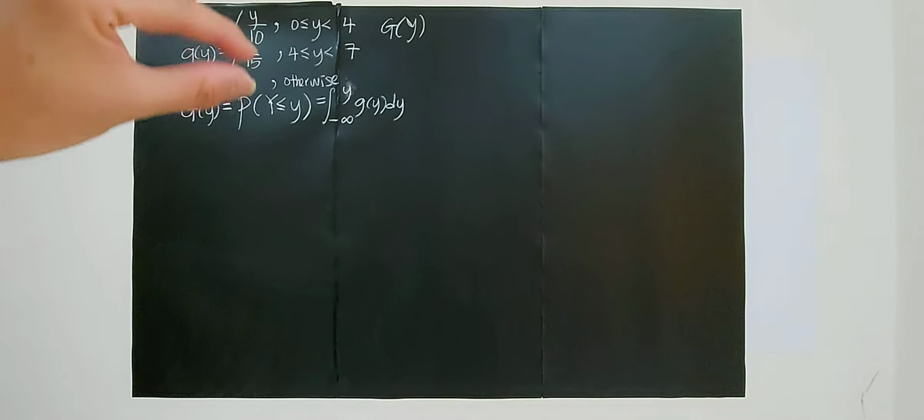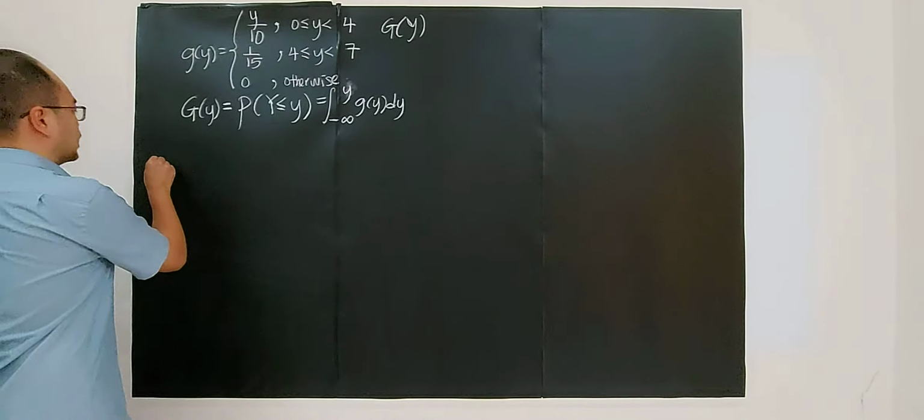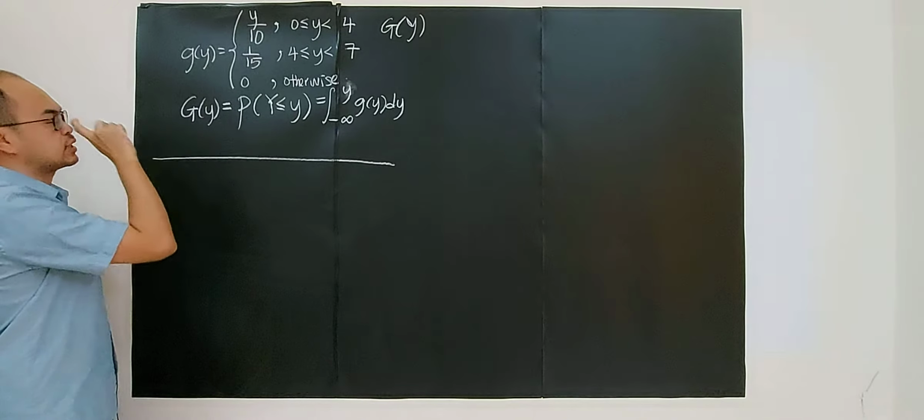So if I want to construct the cumulative distribution function, I have to look at the function given here, based on each interval. Then I need to draw a line, for guidance. It's not compulsory, just for guidance.